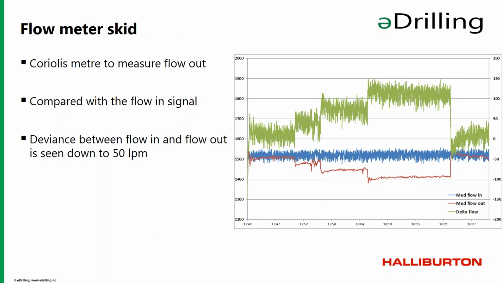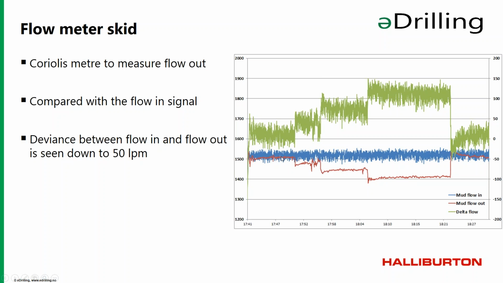We've got a flow meter skid. As the flow is taken out lower down on the stack than in conventional drilling, you bypass the rig's flow measurement. We add in an accurate Coriolis meter, which we use to compare with the flow in signal. Deviance between the flow in and flow out can be seen down to 50 litres, as you see here.